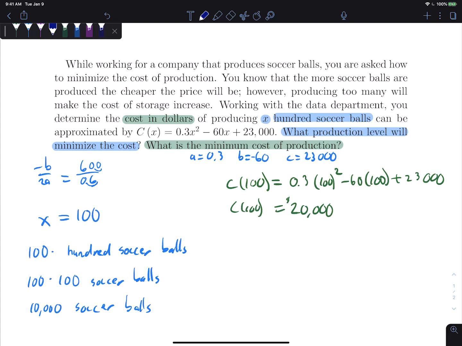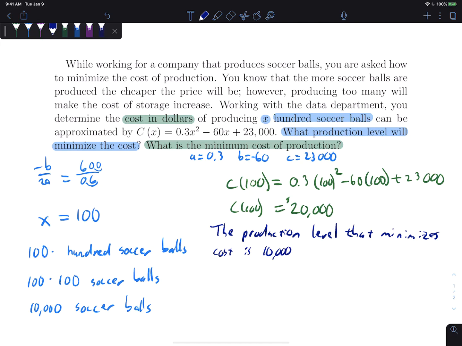So this tells me that the production level that minimizes cost is 10,000 soccer balls, and the minimum cost is $20,000.